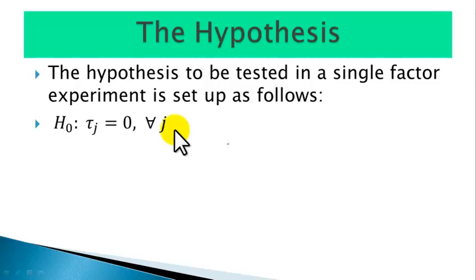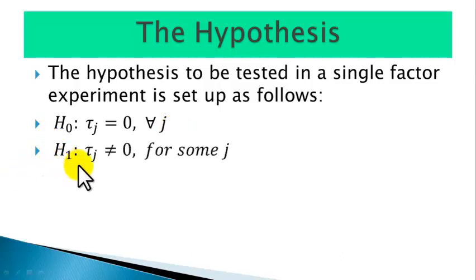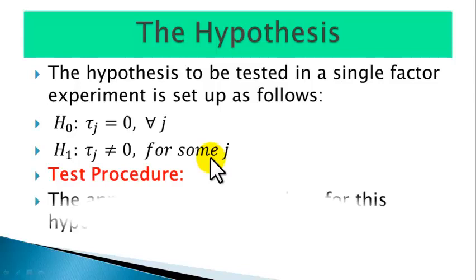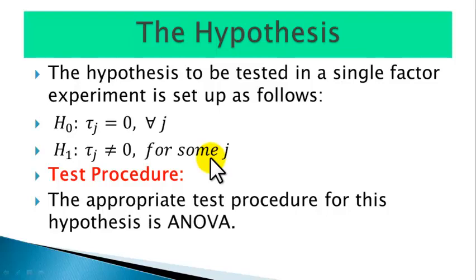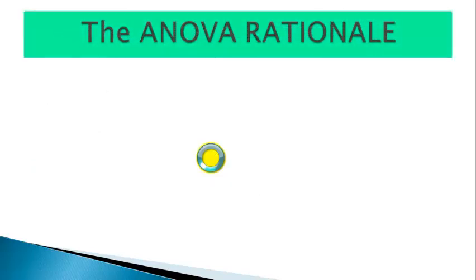We are testing this against the alternative H1, that tau j is not equal to 0 for some j. Test procedure. The appropriate test procedure for this hypothesis is ANOVA, that is analysis of variance. The ANOVA rationale.